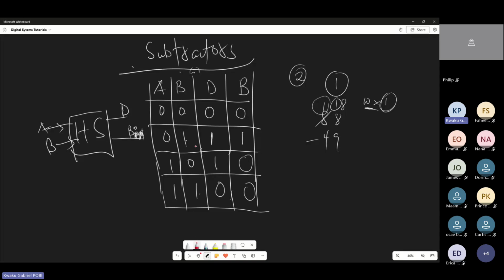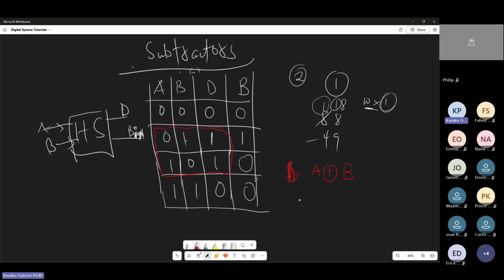Now seeing this, what is giving us a high? So if you check the half subtractor, the difference is just A XOR B, right?